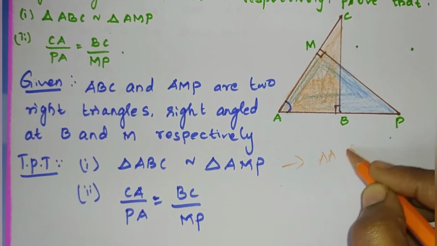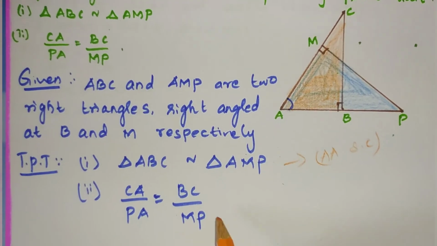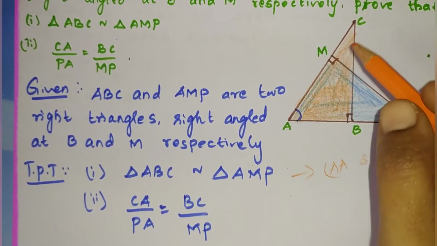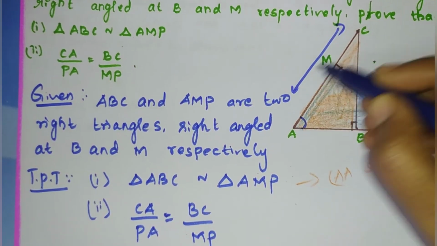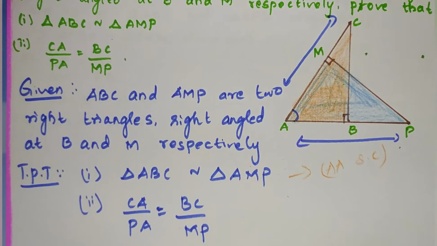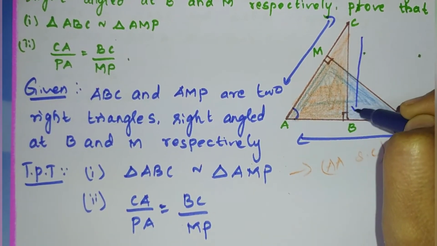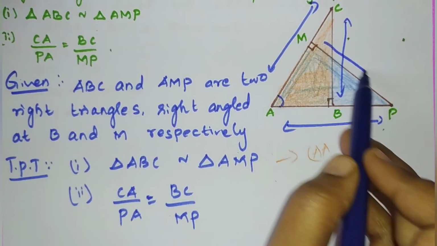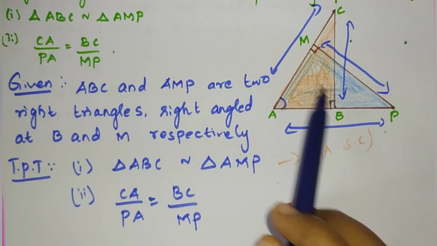The first one we can easily prove by AA similarity criterion. Then how can we prove this one? CA divided by PA and BC divided by MP are the corresponding sides of the two triangles.